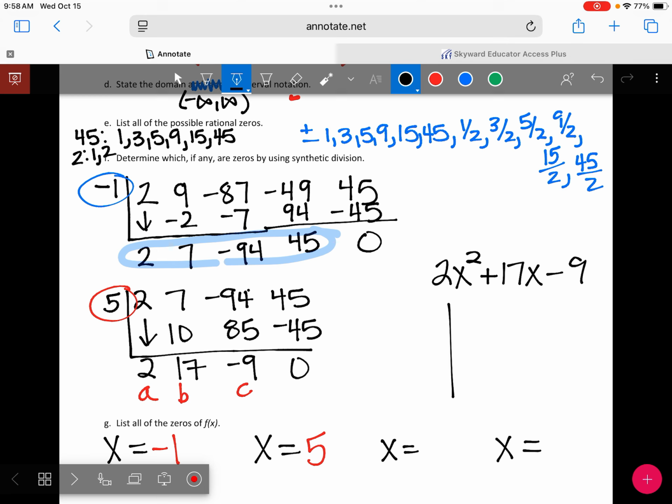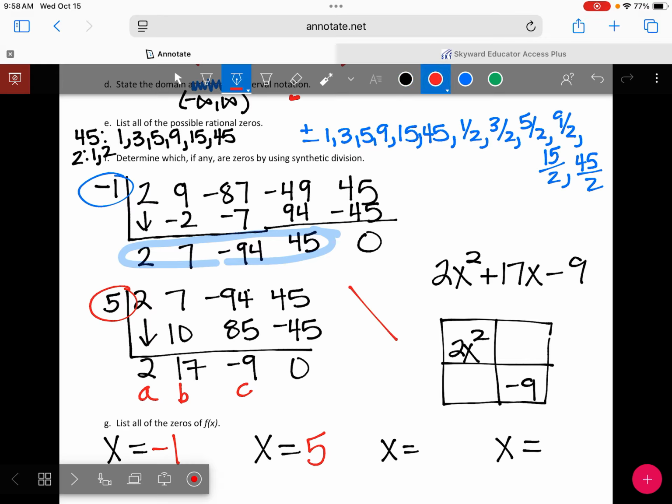I'm going to make my box. Two x squared goes here. Negative 9 goes here. We need 2 numbers that multiply to be a negative 18 and add to a positive 17.